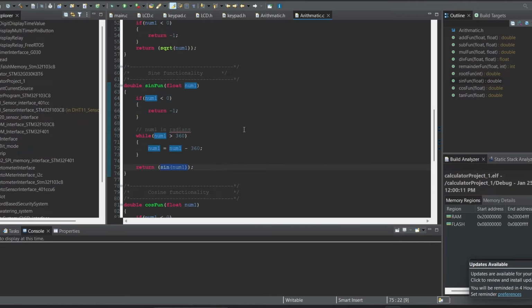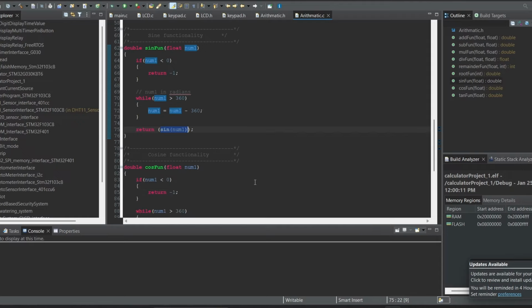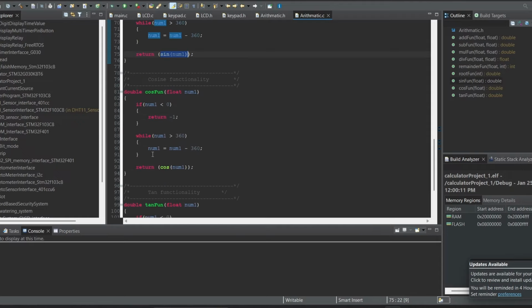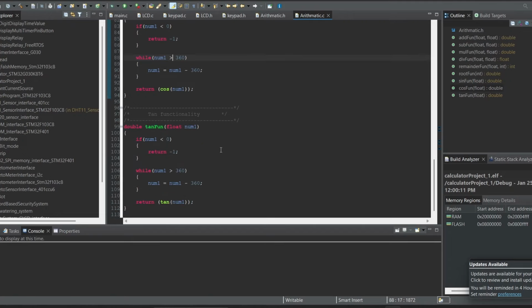So we are basically printing the sine of numbers from 0 to 360 degrees, in radians. The same goes for cos and tan. If the number is greater than 360 degrees, we put it in a while loop until the number becomes less than or equal to 360 degrees. Similarly for tan.